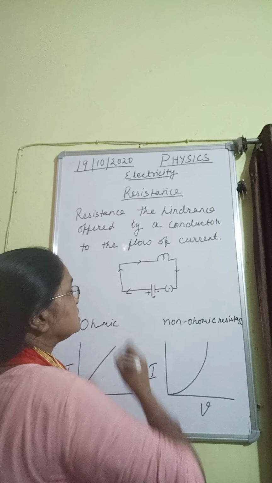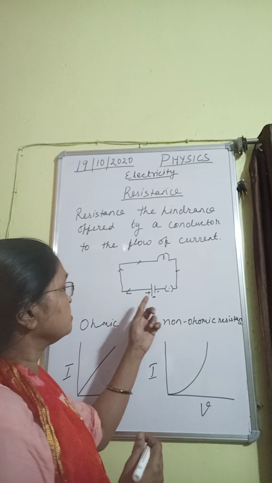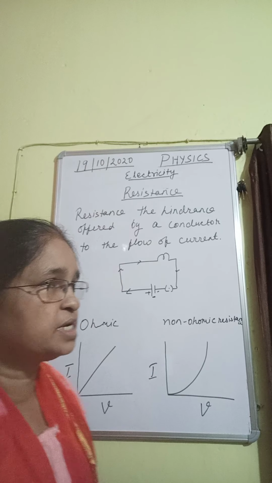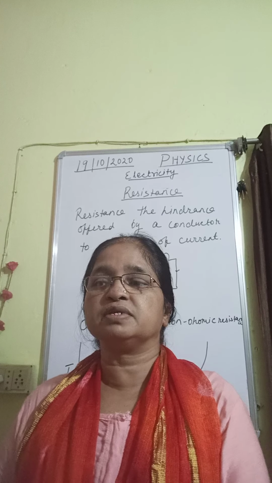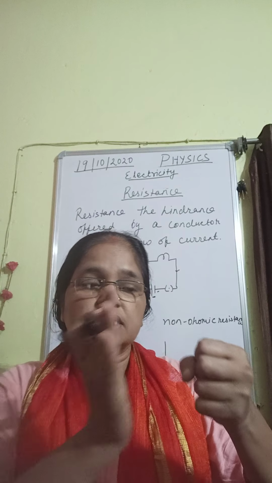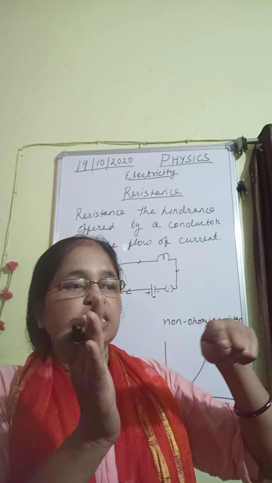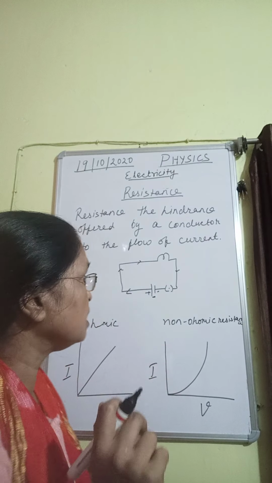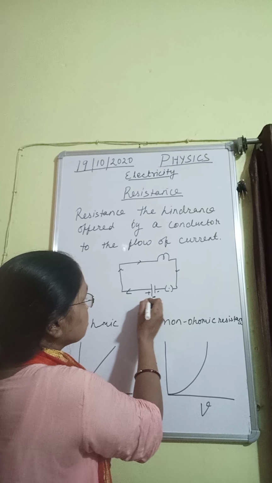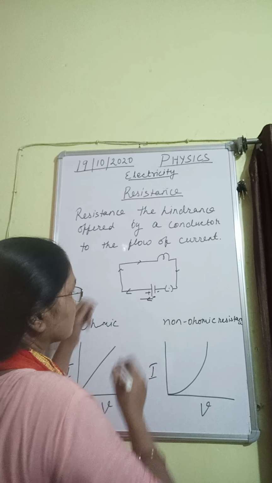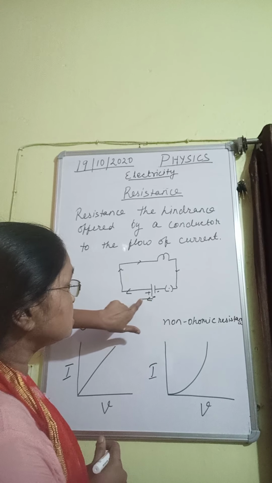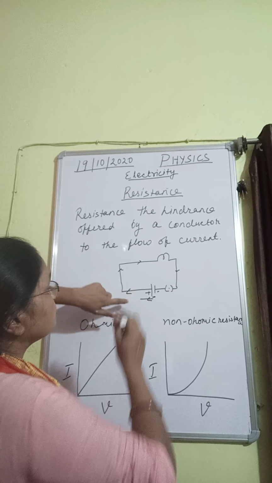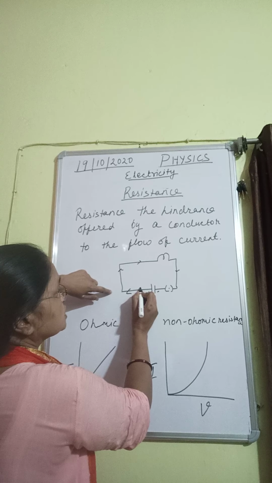This is the cell. And we have studied that it gives potential difference, and potential difference is nothing but the work done to make the electron move in a certain fixed path. So here it is doing some work on the free electrons.